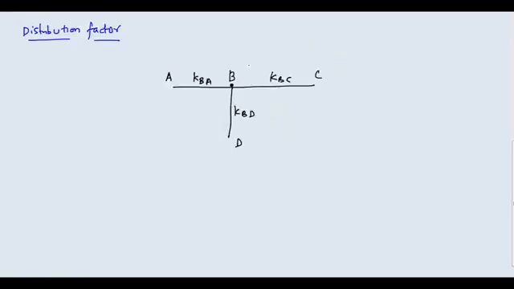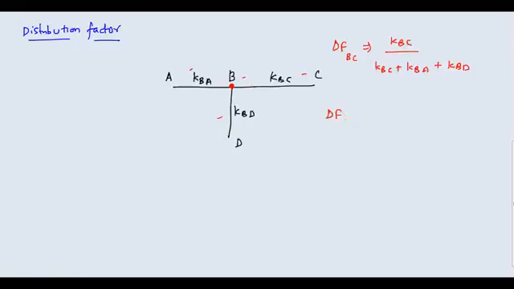If I want to write the distribution factor for BC, it is given by KBC divided by whatever members are connected with B, so it is AB, BC and BD. It will be KBC plus KBA plus KBD. This is how you calculate the distribution factor of BC.